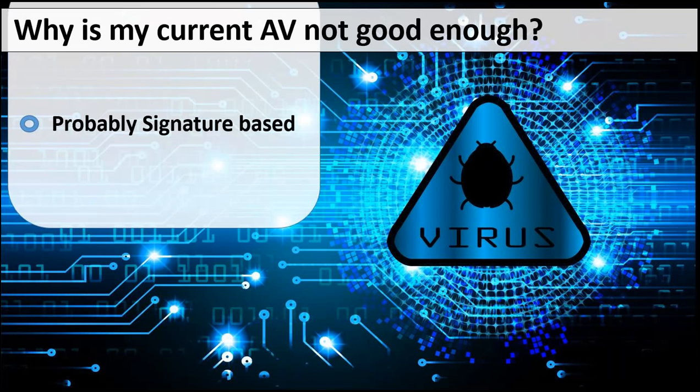Once they have been detected by other means and they have been reported back to organizations such as VirusTotal, signatures are recorded and then updated. But the issue is, for the period between an attack and when the signature becomes available, if you only have signature-based antivirus, you are vulnerable.